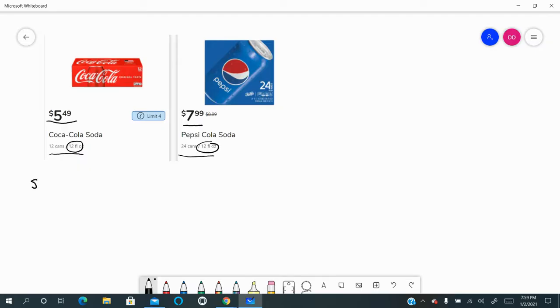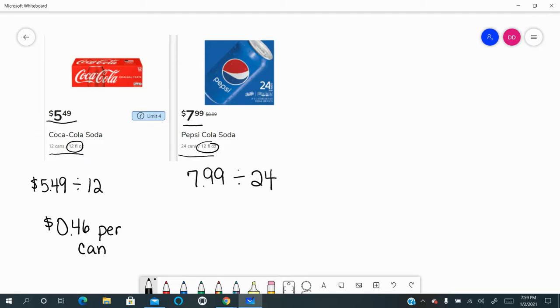So we're going to take $5.49, divide by the number of cans, which is 12, and we find out these are about 46 cents per can. We're calculating by the can. Okay, Pepsi. There's 24 cans in this one.